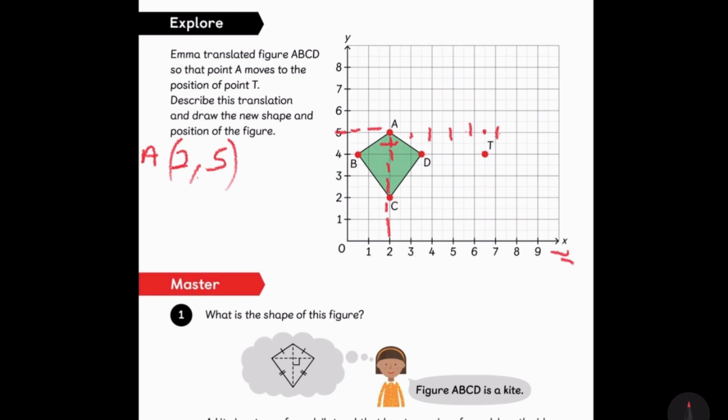Let's notice on the x-axis what has happened, right? So on the x-axis, if you see, I have 1, 2, 3, and 4. Right? So this is my 4 which has happened. But now if you see here 1, 2, 3, 4, but it is in between, right? Between what? 6 and 7.